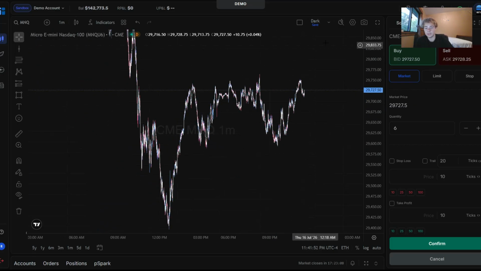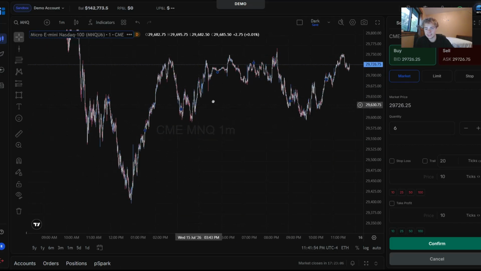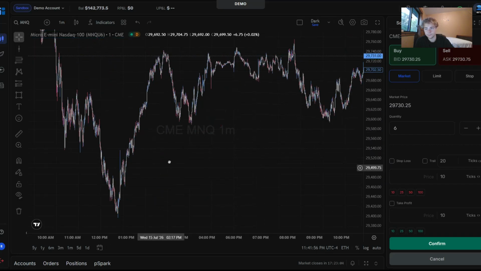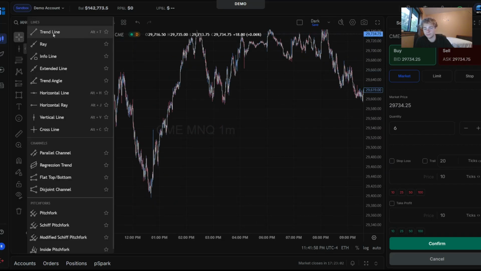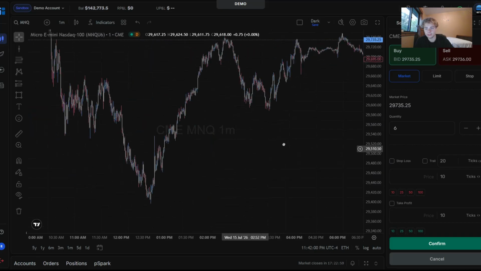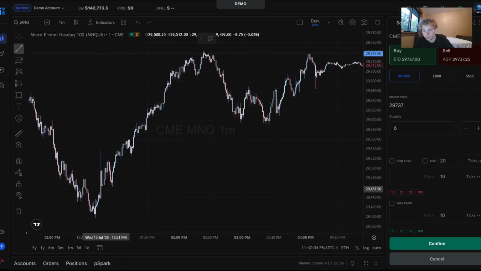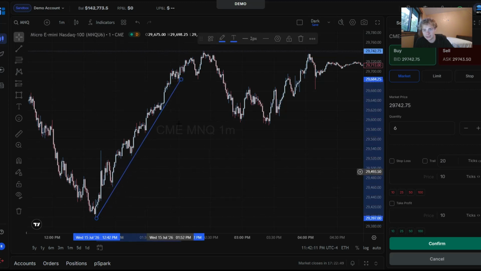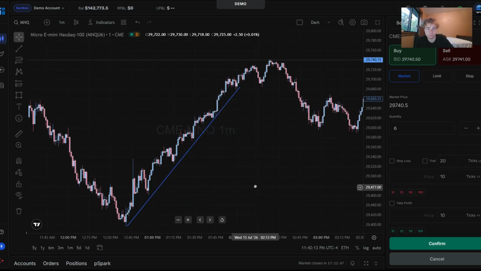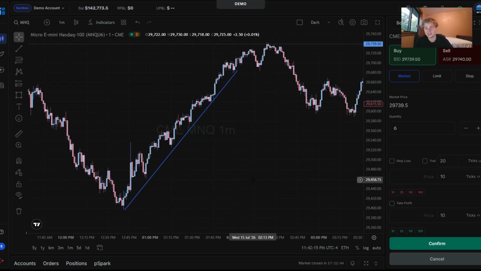And then you can also look at trend lines, which are right here. I don't use these super often, but they can help you just project where you think trend is going to go. Put it on the bottom here, and then you just kind of project. A trend line is not a strategy by itself.